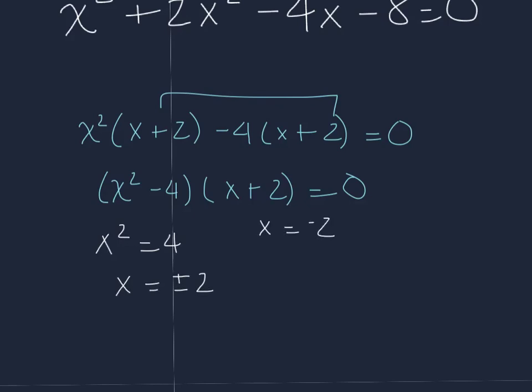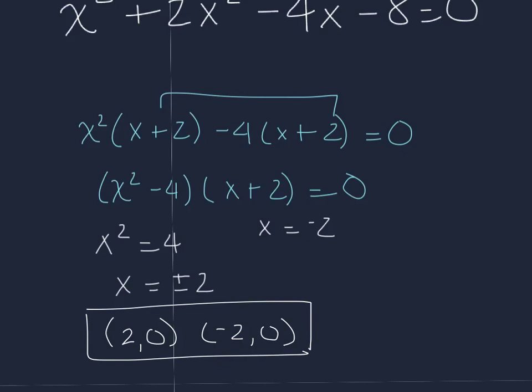In just a moment, we're going to learn what it means when two roots repeat like this. So therefore, we technically only have two zeros or two roots. That's 2, 0, and negative 2, 0. I don't repeat my solutions, but it does create some kind of behavior when we're graphing.